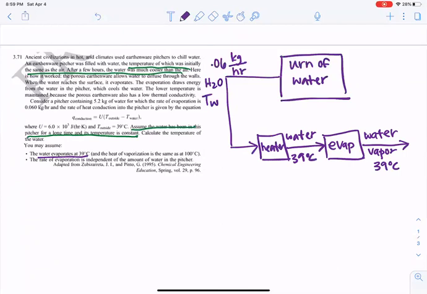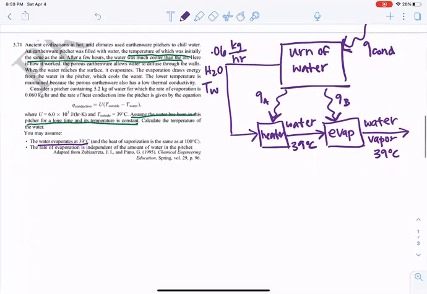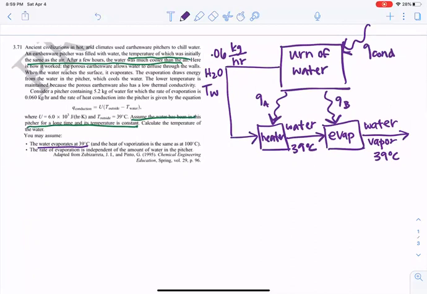And then if we draw our energy flows, there's this Q conduction coming into the urn, and then the heat to heat the water and to evaporate it is coming from the urn. And so we might have a QA and a QB. So Q conduction, we know. It is this equation that's given to us. And then we can find QA and QB pretty easily.